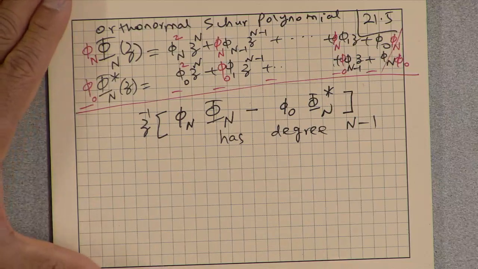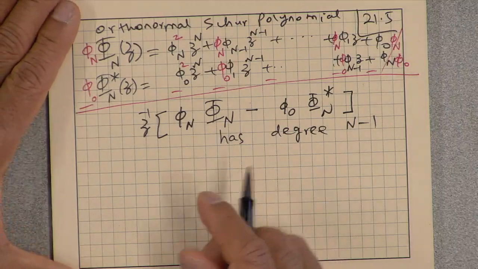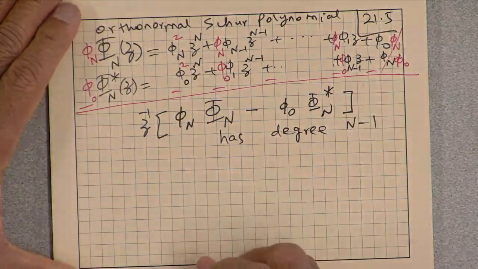Degree can be reduced by multiplying phi n to this quantity.